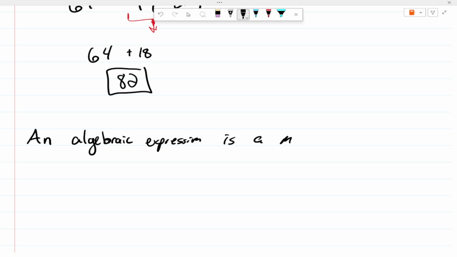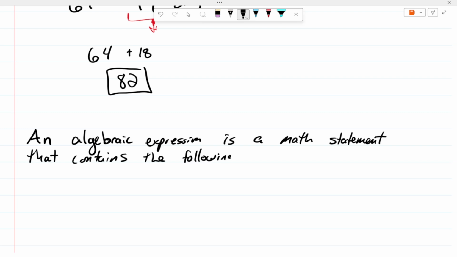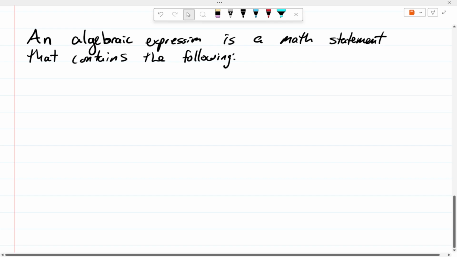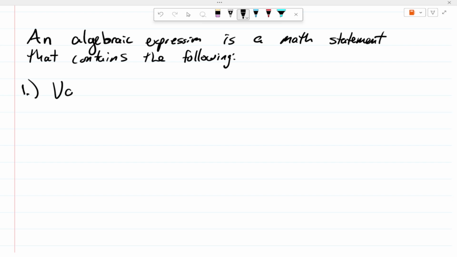is a math statement that contains the following. All right, and I'm going to leave some space because I'm going to provide you with examples. So the first thing, we're going to call it variable terms.